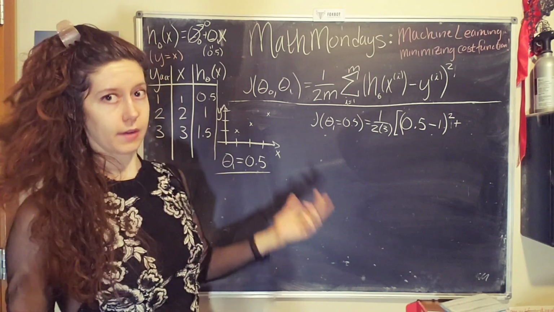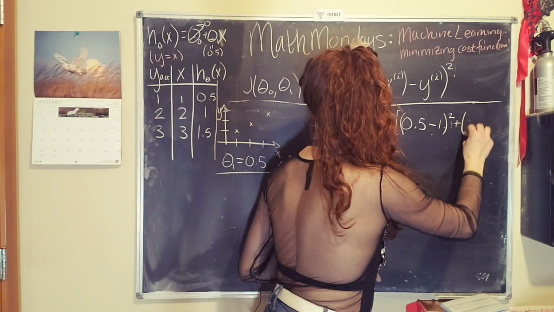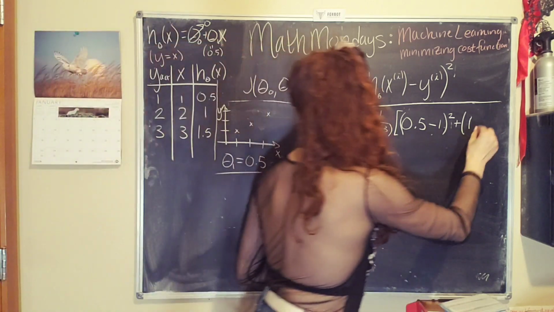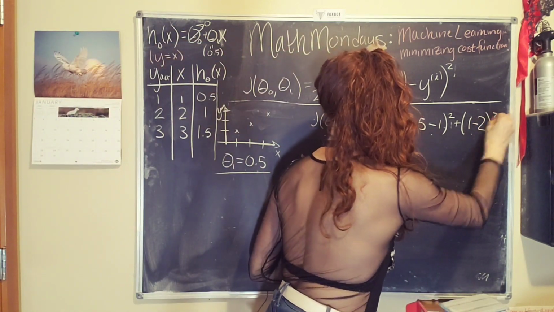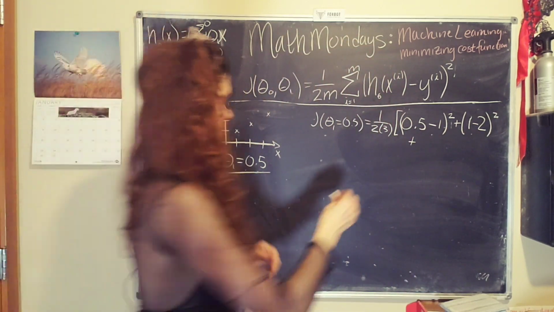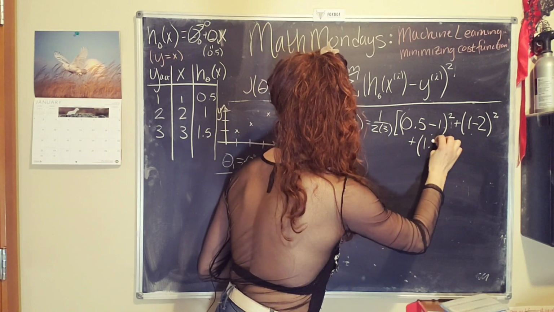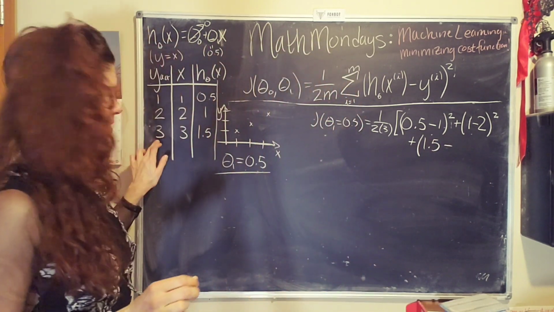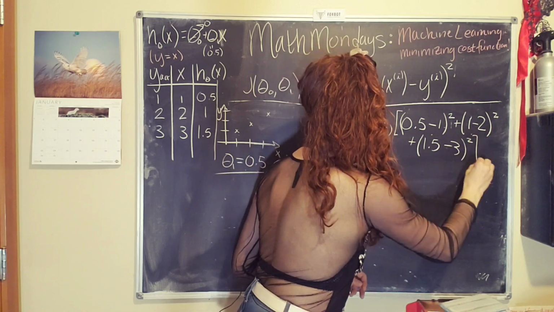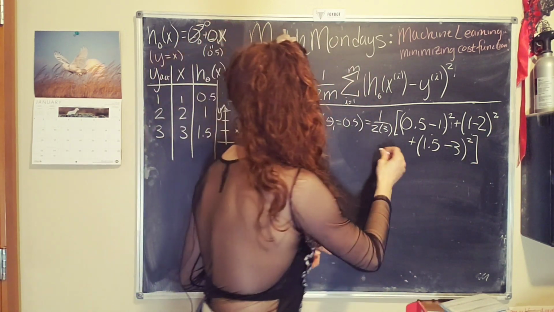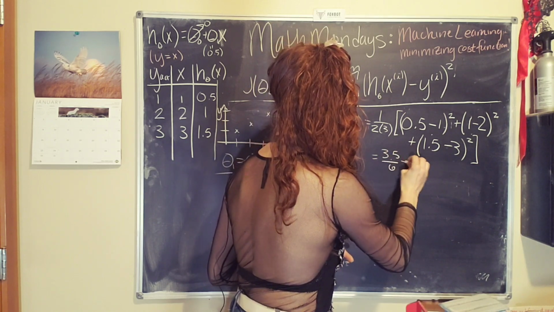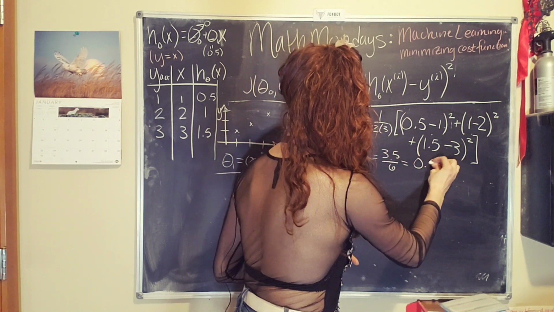H theta of x is 1 when x is 2, and y is 2 when x is 1. And finally, we add in our third value, which is 1.5 minus 3. Okay, and we square that, and if you crunch the numbers, you are going to get 3.5 over 6, or something like 0.58.